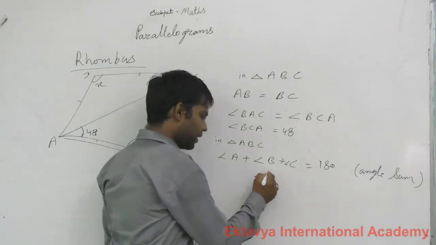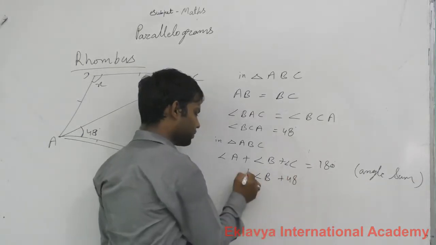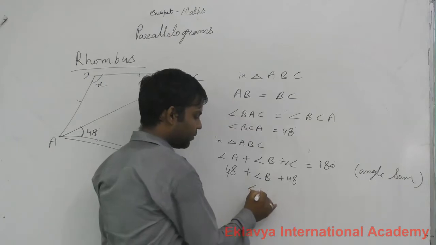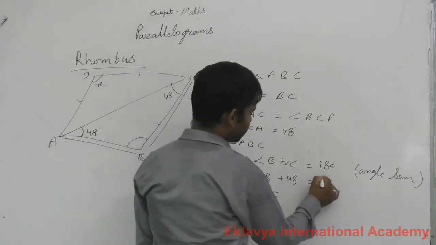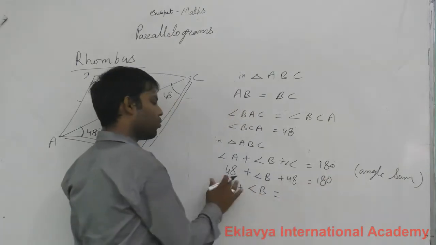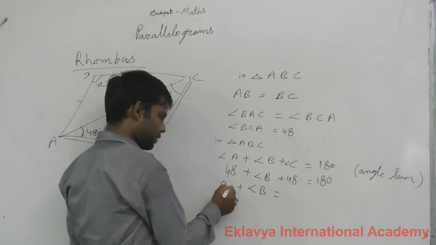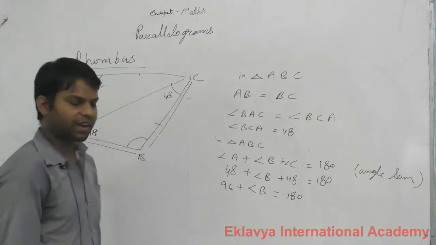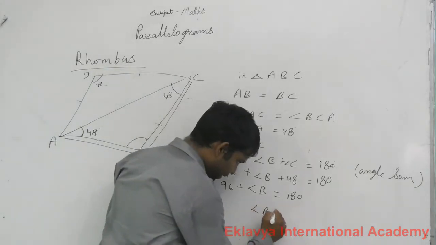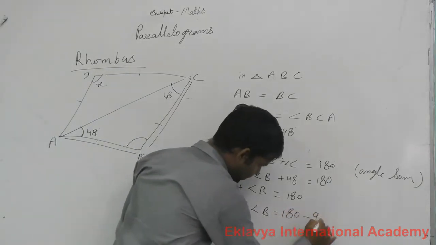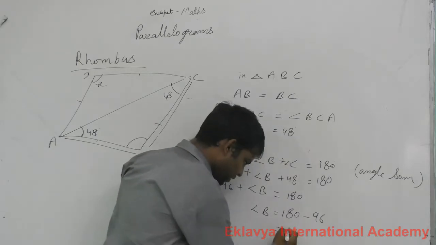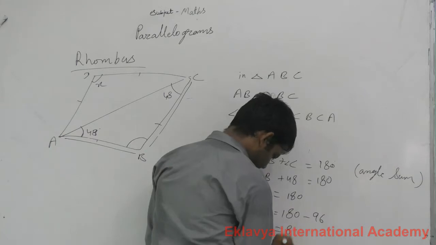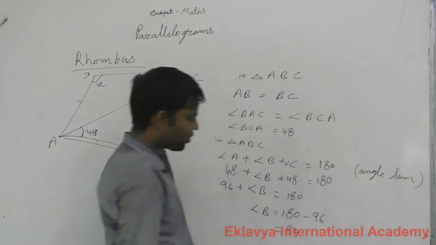We want to find angle B. 48 plus 48 is 96. If we take 96 to the other side, then angle B is equal to 180 minus 96. We get 84 degrees.